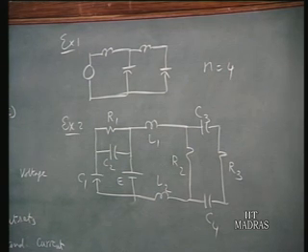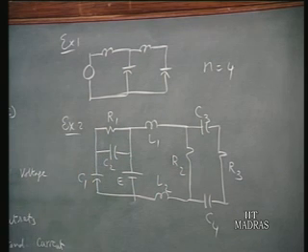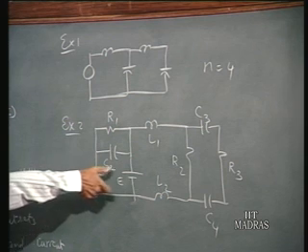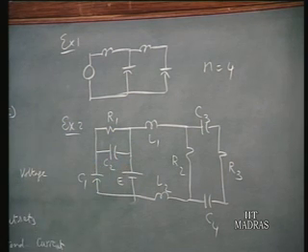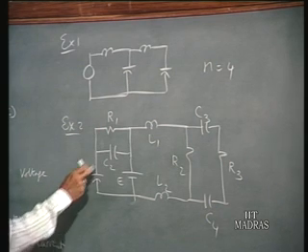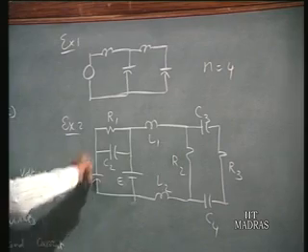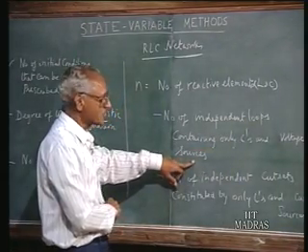You observe that there is a loop here constituted by C1, C2 and E. So, if I know some voltage across the capacitance, I know the voltage E, therefore this capacitance voltage gets fixed. Therefore, you cannot arbitrarily assign the initial conditions for both C1 and C2. Only one of them you can assign. Therefore, you have one loop containing only capacitances and voltage sources.